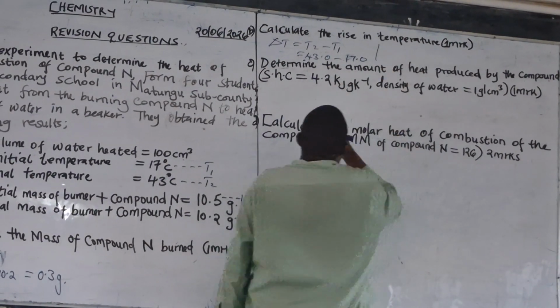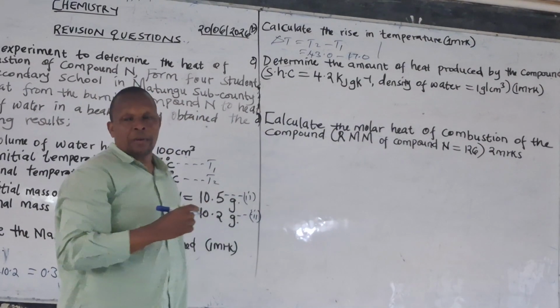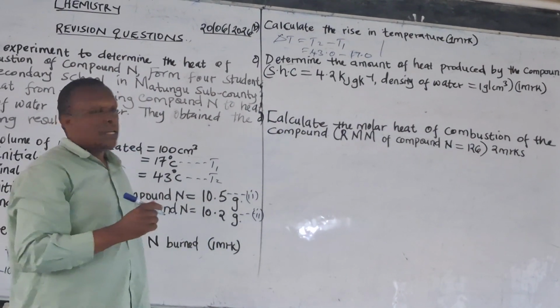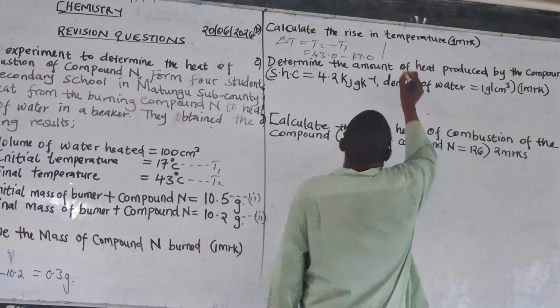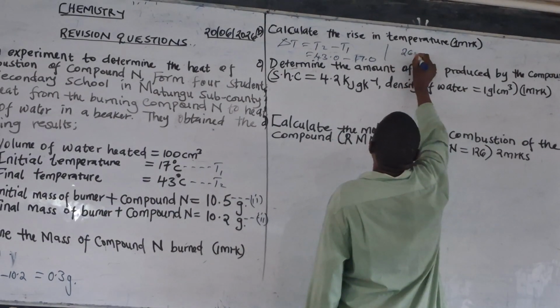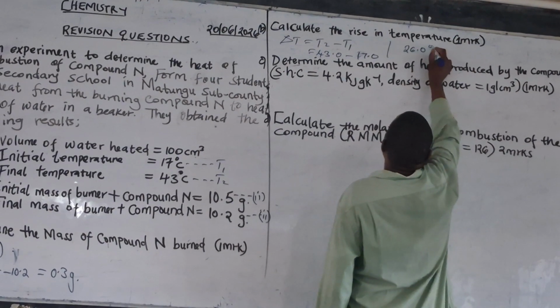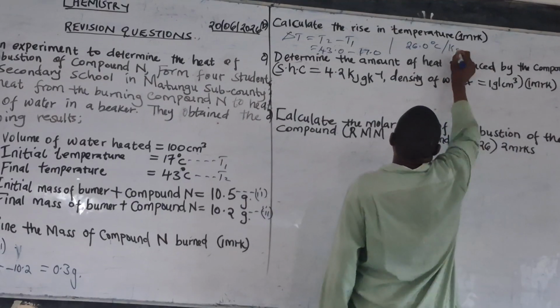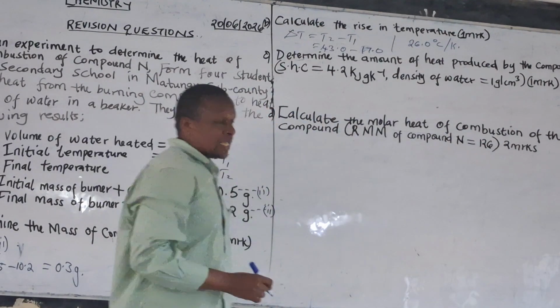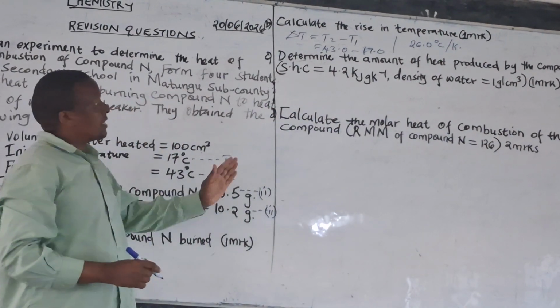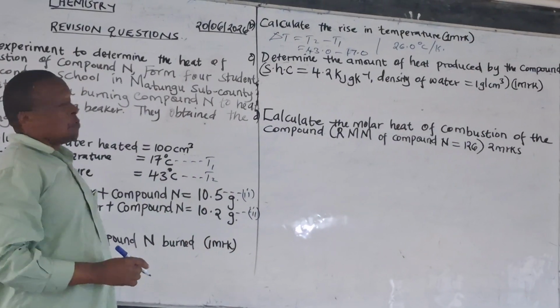So you subtract, what do you get? 26.0. So the answer is 26.0 degrees Celsius or Kelvin, because that is a temperature change. So it's either in degrees Celsius or in Kelvin. We move to C.